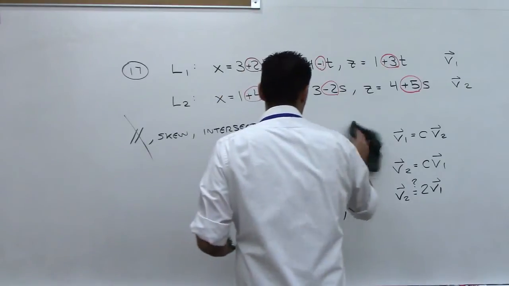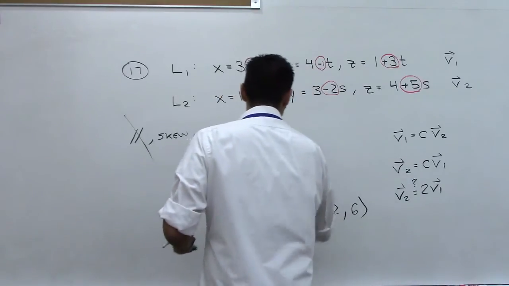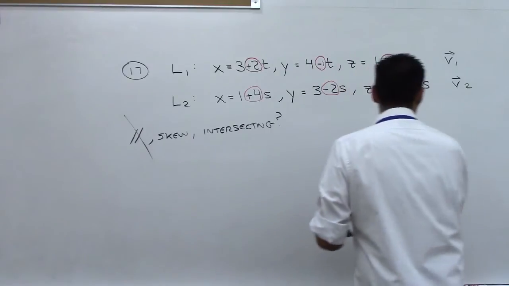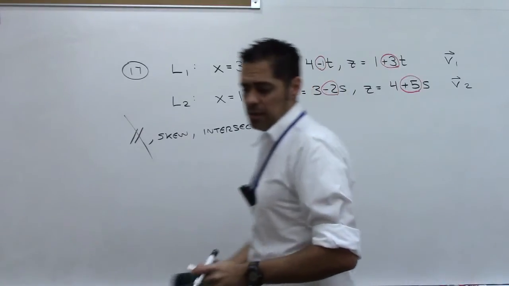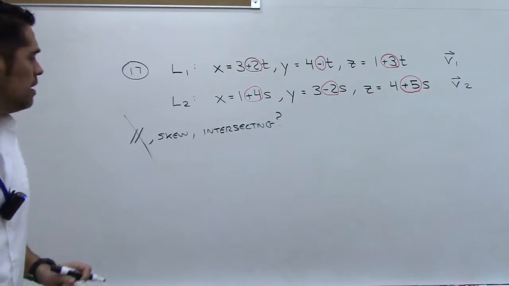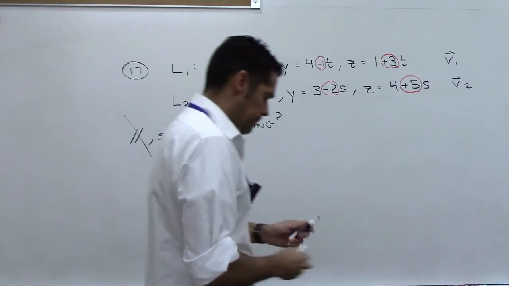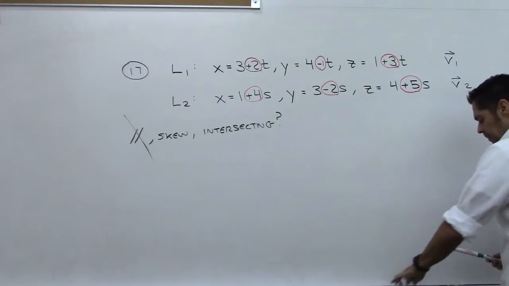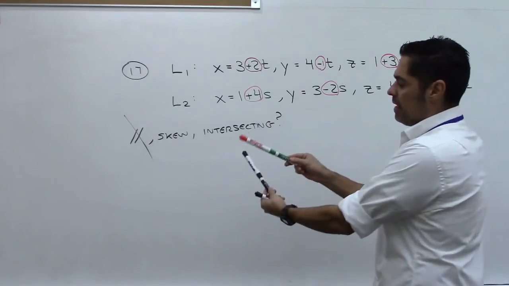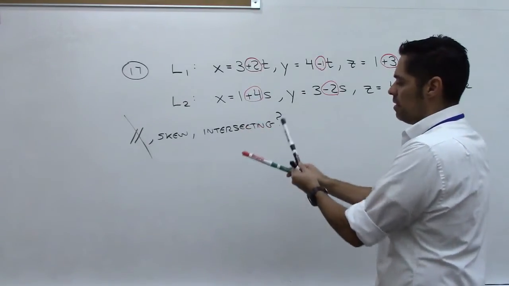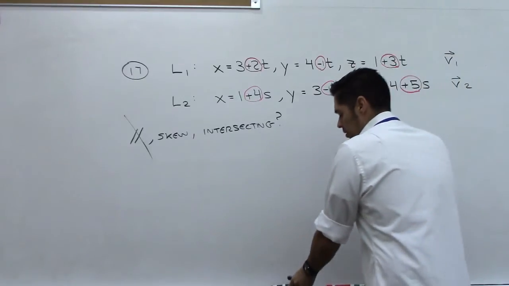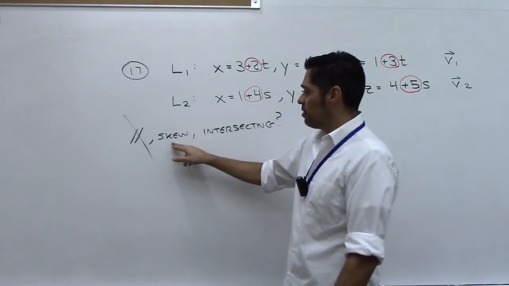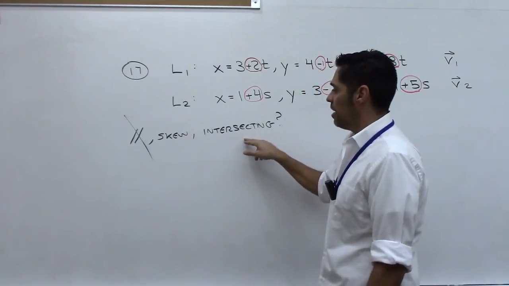Let me see. Are they skew? Well, that's actually very difficult to show because what we need to do is show that the vectors don't hit each other. Like there's never a point that they hit together. So what I'm going to do to determine if they're skew is I'm going to ask myself, are they intersecting?